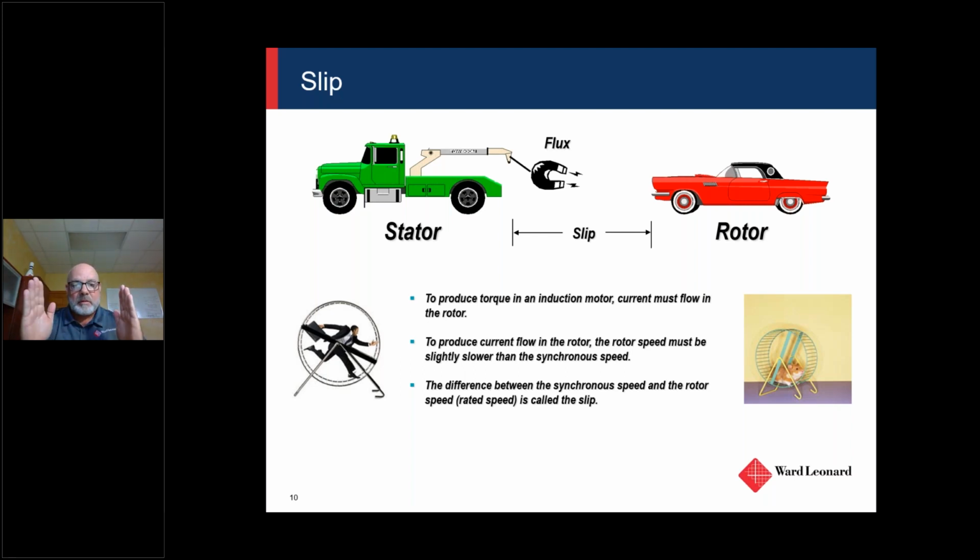And that's defined as slip, right? In order for the electric motor to produce torque, it does have to have a certain amount of slip. You look at the bullets down here, and this really gets into the explanation of why that is. To produce current flow in the rotor, its speed must be slightly slower than the synchronous speed. The difference between the synchronous speed and the rotor speed, which would be the rated speed, is called slip, right?